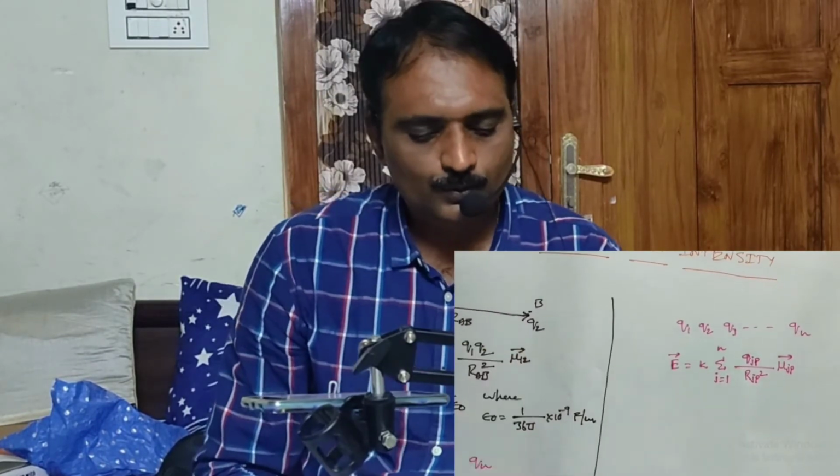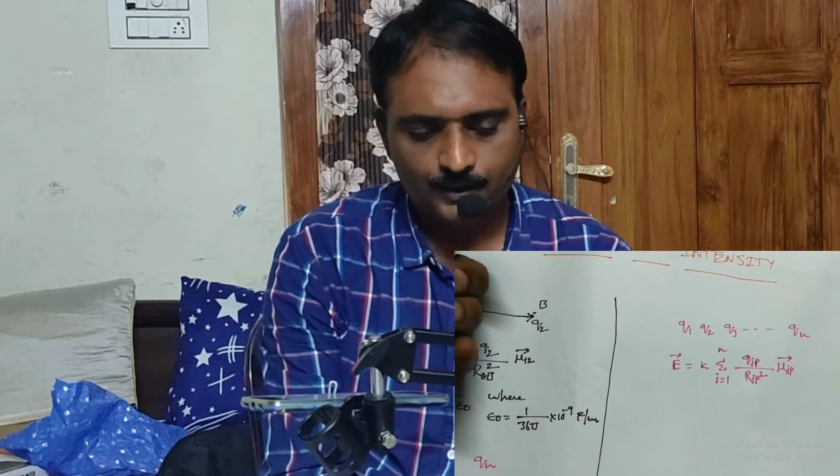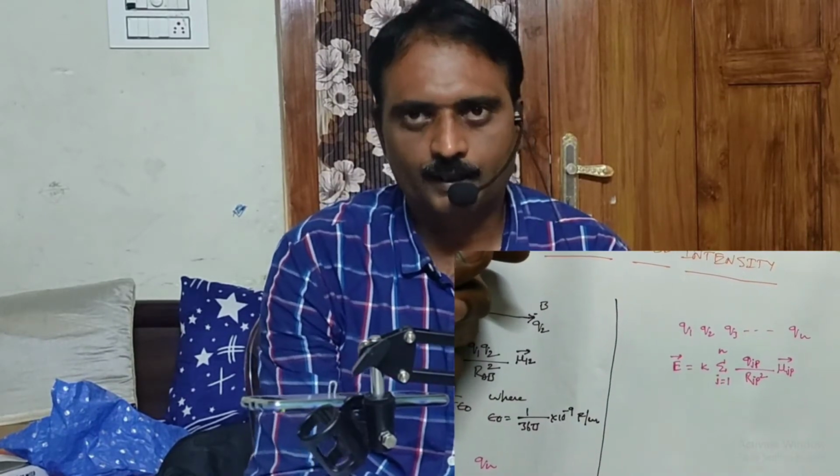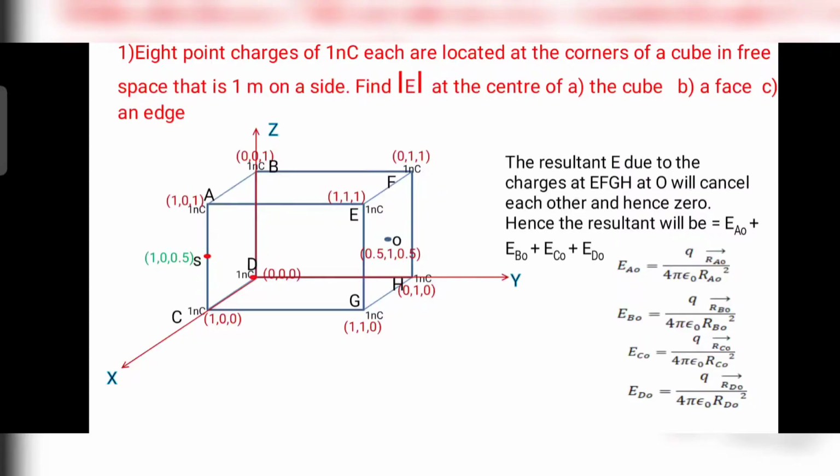Next, we shall go through a small example in which I would like to illustrate Coulomb's law of forces in detail. Let me go through the example. The given problem is that 8 point charges are there, each of 1 nanocoulomb, located at the corners of a cube in free space, and the length of each side is 1 meter.